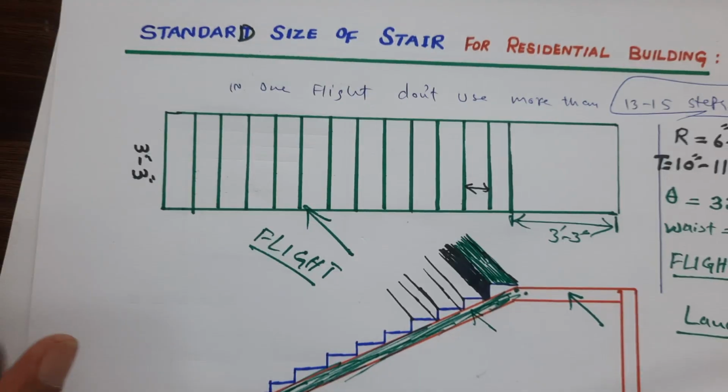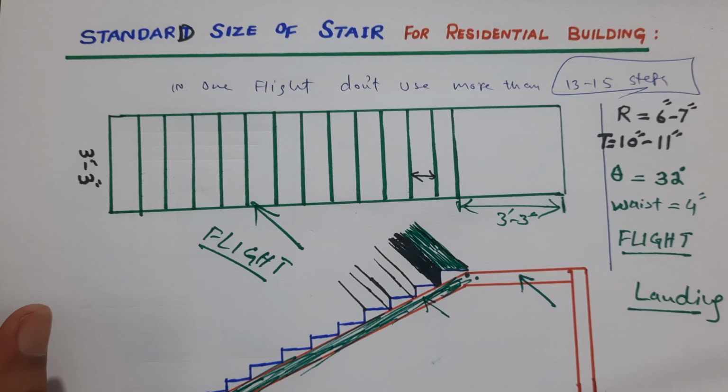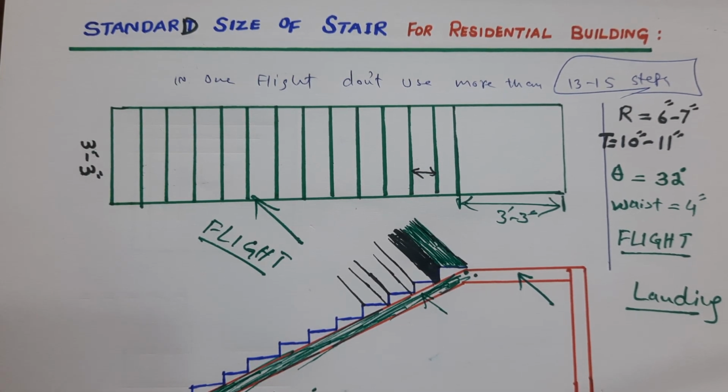Otherwise that is called a straight stair, and a straight stair is very difficult to use inside a residential building. It is for commercial buildings, because there we have young men, so they use that.